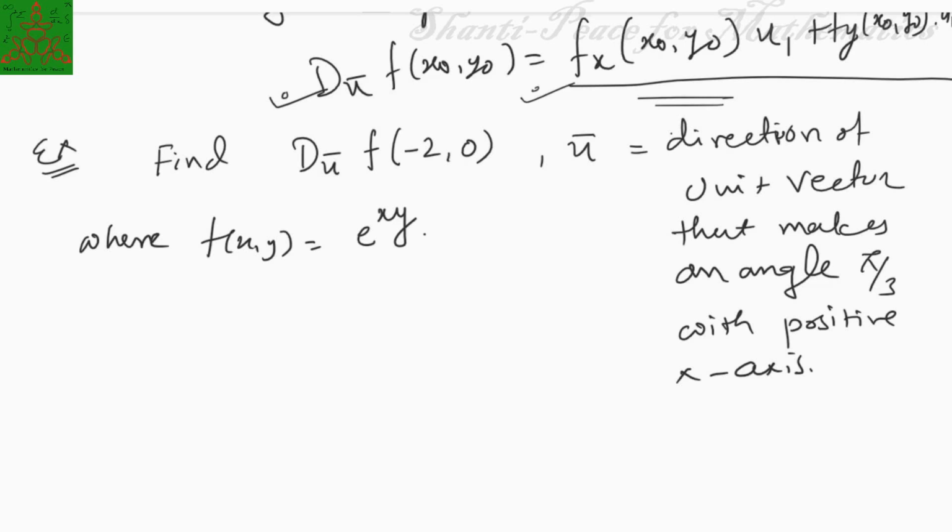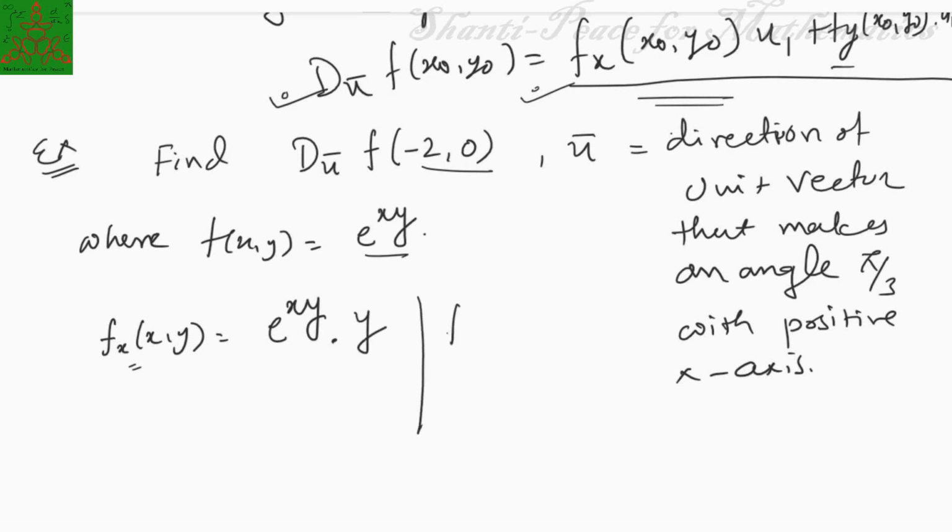First of all I need fx and fy at point (-2, 0). So what is fx at (x, y)? According to the definition, e power xy as it is, into the derivative of xy with respect to x, which is y.